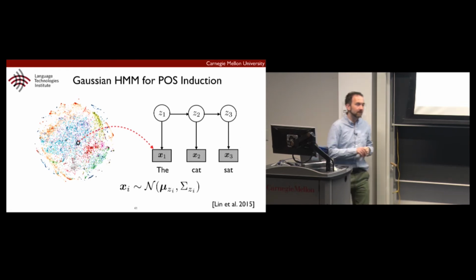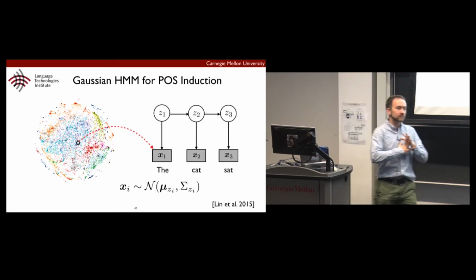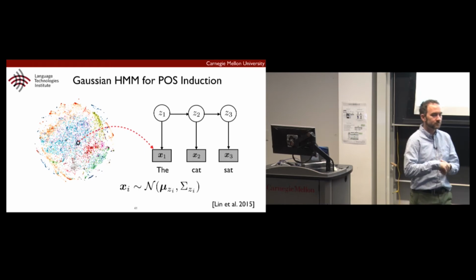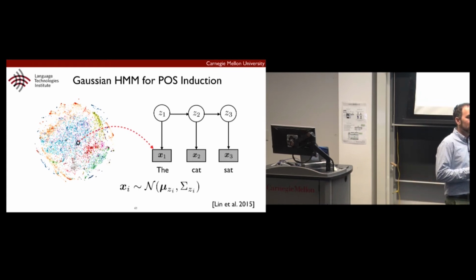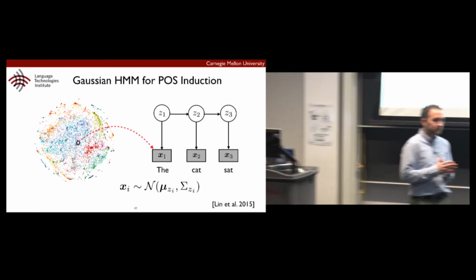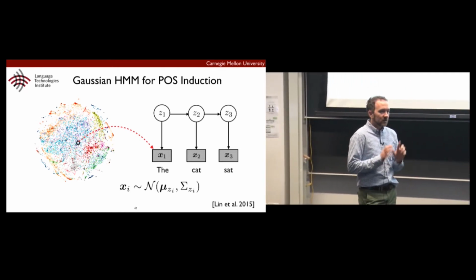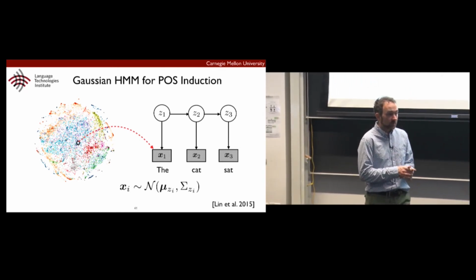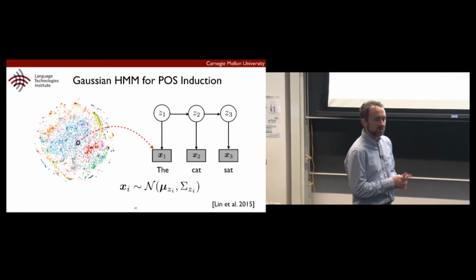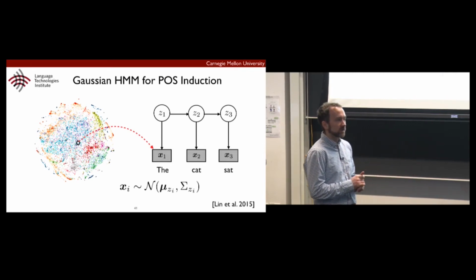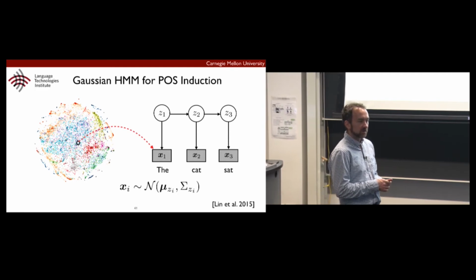I was wondering, if you train embeddings for the purpose of part-of-speech tagging, wouldn't it be better to just learn the tag itself? That's a good question. It's actually a two-part question. Let's say we wanted to do supervised part-of-speech tagging, where we have labeled part-of-speech data.